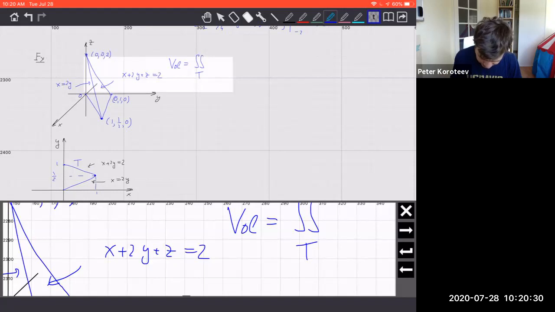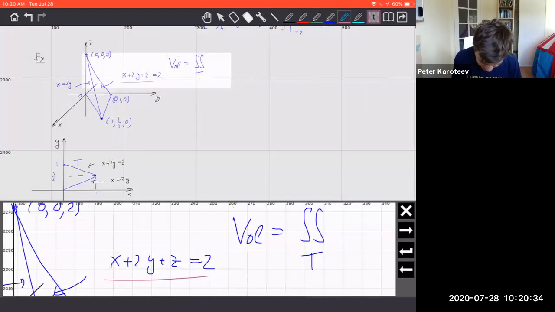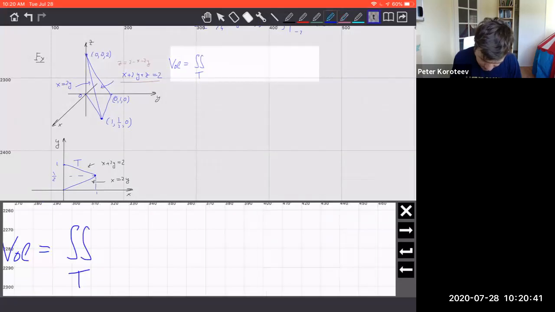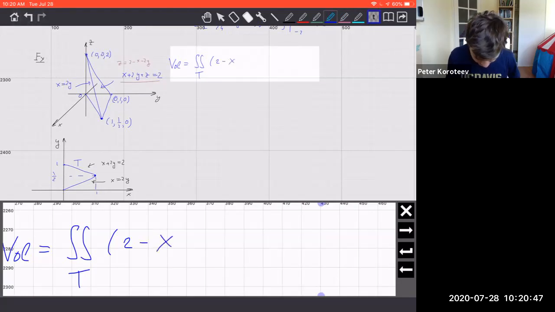So we need to solve this equation for z. That gives us z equals 2 minus x minus 2y, and we integrate 2 minus x minus 2y dx dy.